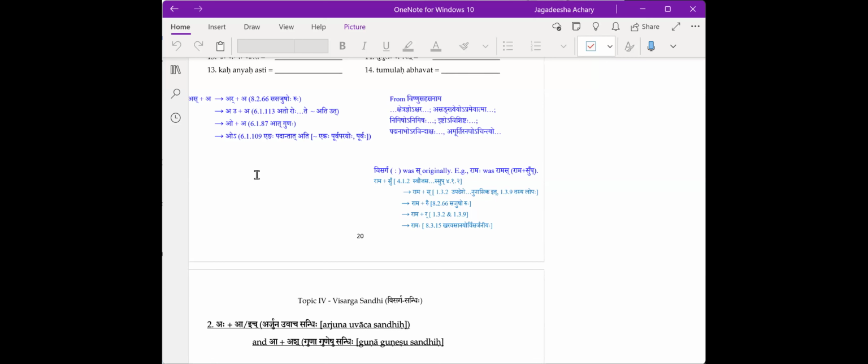The only thing you want to remember here is that if the Purvapada ends with aha and the Parapada starts with a, you will end up with the O followed by avagraha in the middle, and we saw a lot of examples. As I mentioned, all the things are here, but discussing this would be jumping from a basic 100 level course to a 400 level course, and we don't want to do that. Okay? Yeah, that's okay. All right.